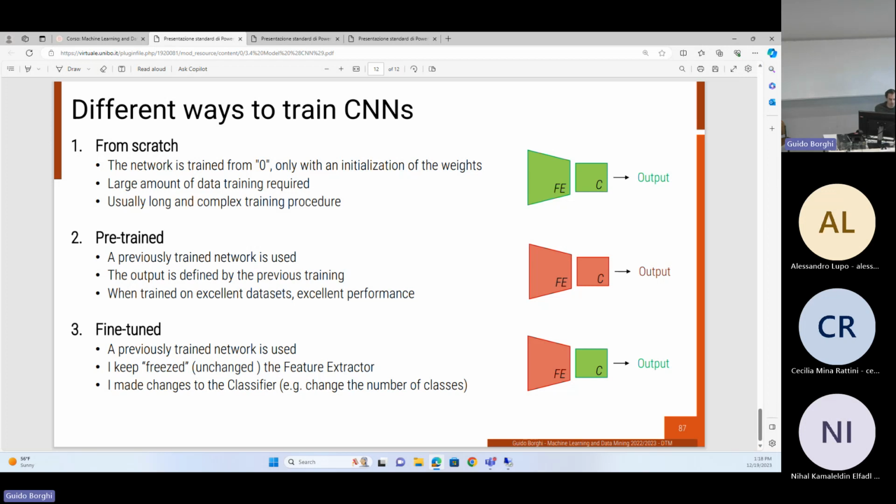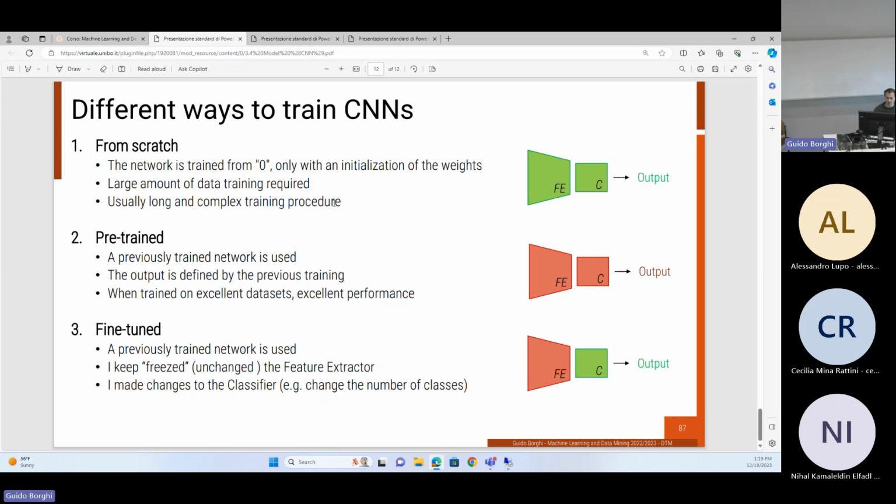The first type is training from scratch. The meaning is that we train the network from 0, so we only have a random initialization of the weights. We don't have any information related to the weights.